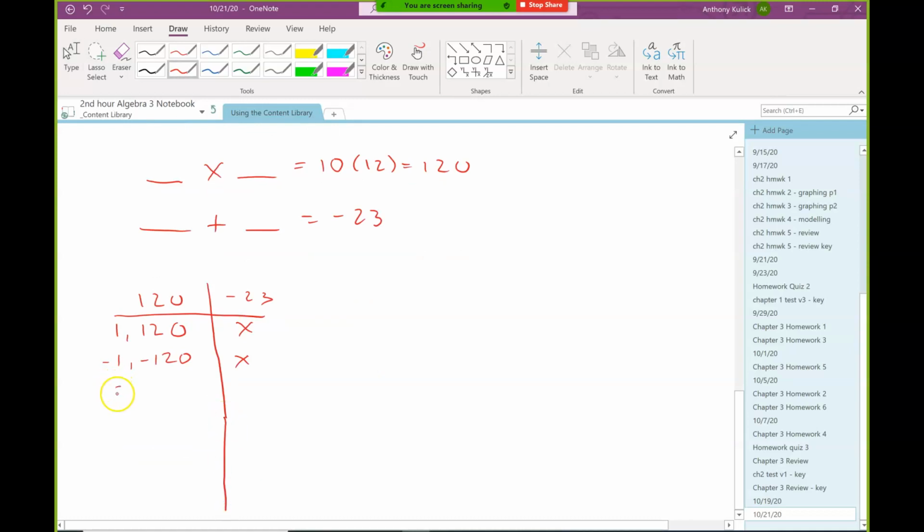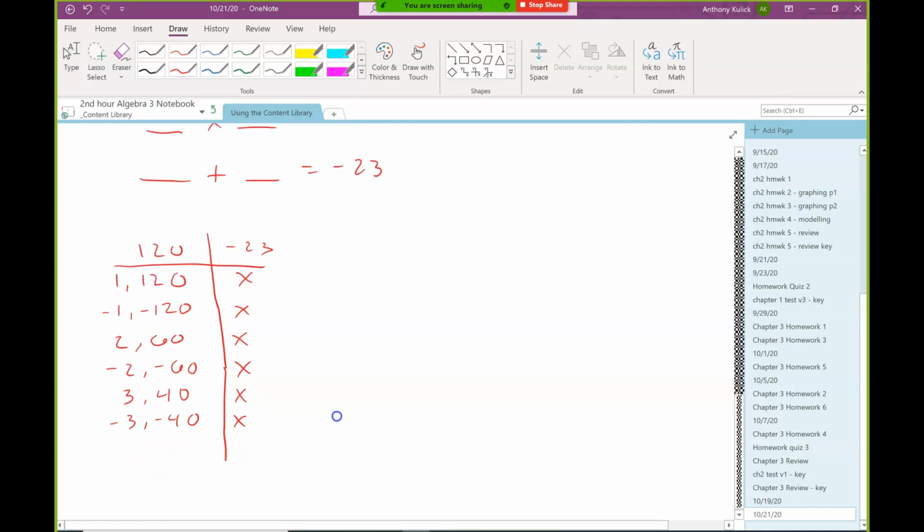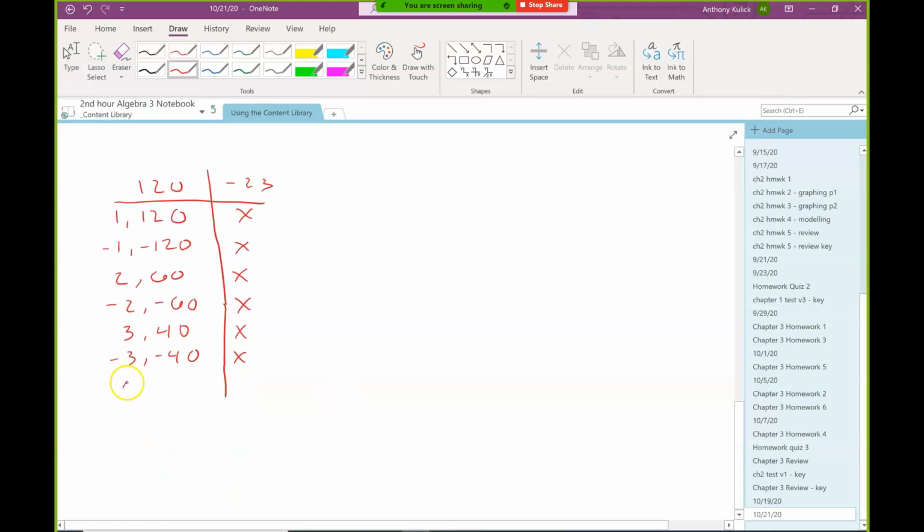Okay, so maybe now I do 2 and 60. That still doesn't add up right. Neither does negative 2 and negative 60. So let's do 3 and 40. That multiplies to 120, but it doesn't add up correctly. Neither does negative 3 and negative 40. How about 4 and 30?